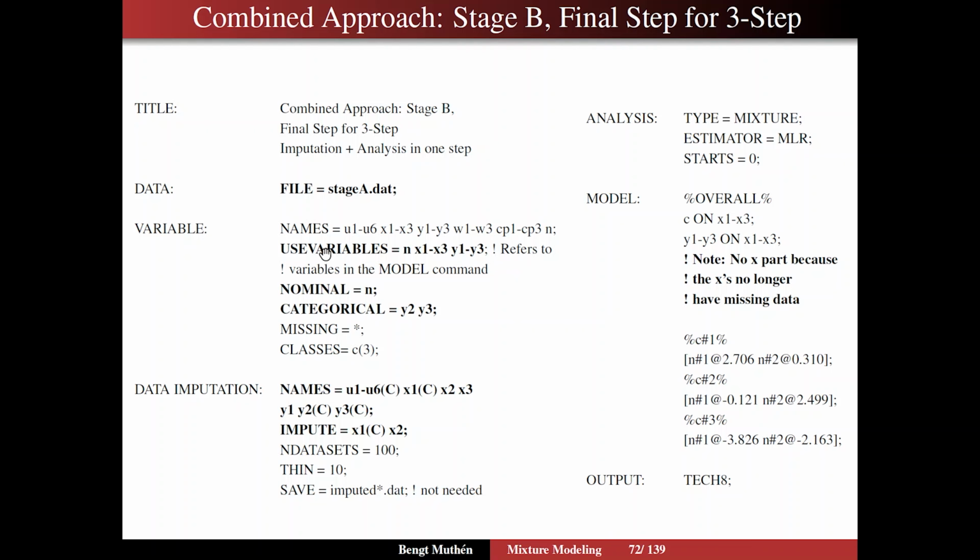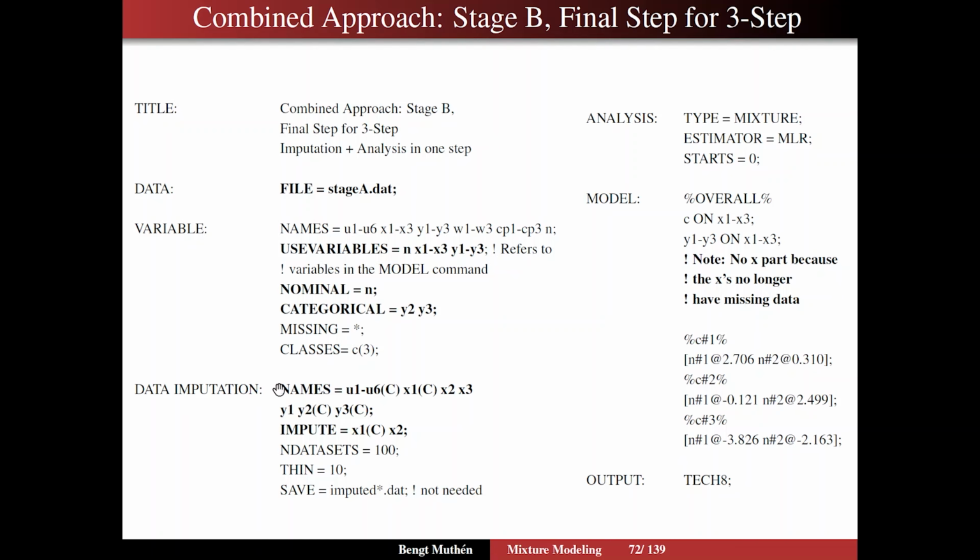The use variable list, as we noted earlier, is x's and y's with N added to it, the nominal N. And the categorical variables are y2 and y3. We don't refer to the binary x1 because it is not a dependent variable in the model later on here. So the use variable list here refers to the variables in the model command, as usual.